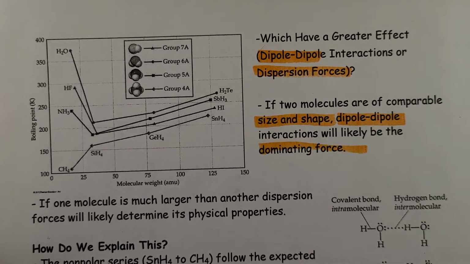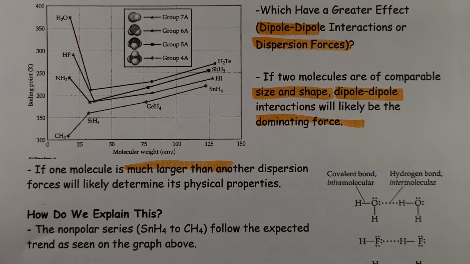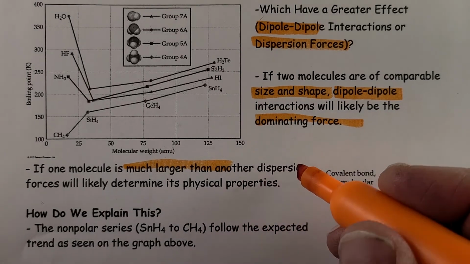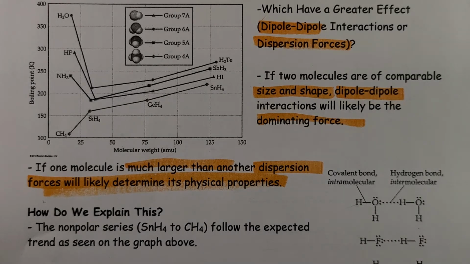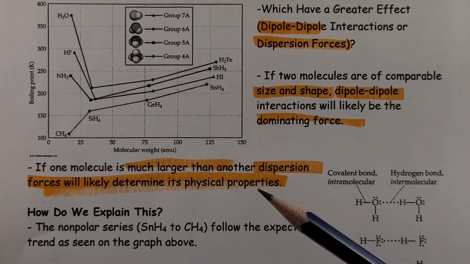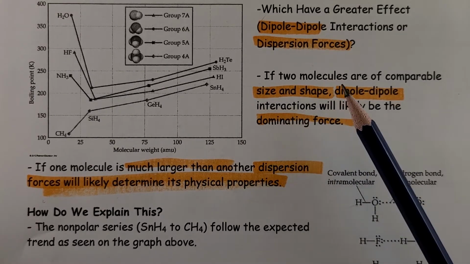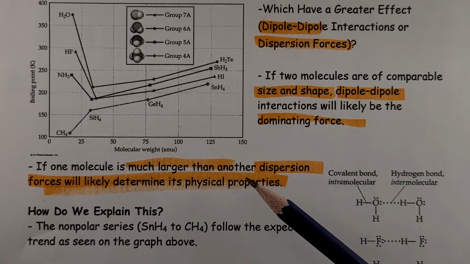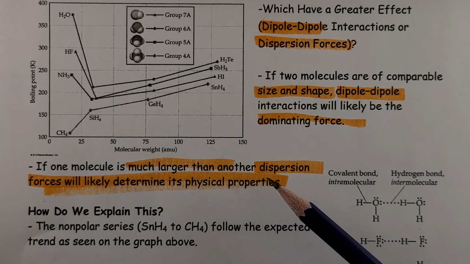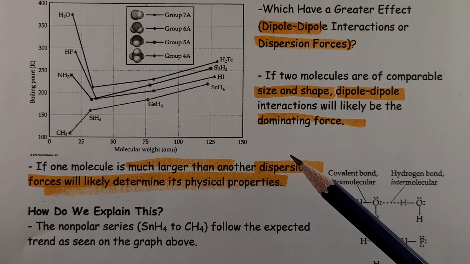But if we have one molecule which is much larger than another one, then dispersion would likely be the dominating force of attraction that's going to exist there. Okay, so that's something interesting to recognize and remember. If they're very similar in size, dipole-dipole interactions are going to be the dominating force. Whereas if we have a larger molecule, yes, those random electron movements are going to overtake anything else.